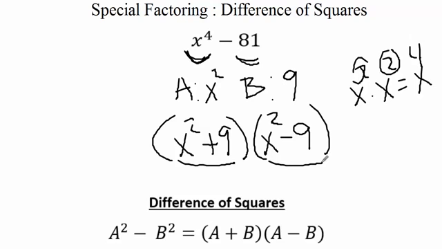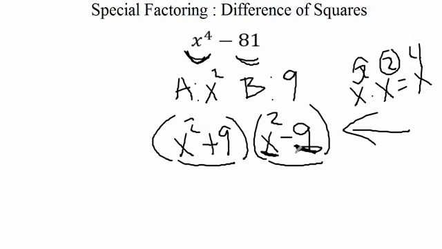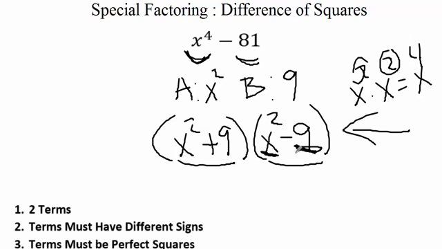Now, I can tell you right now that these 2 factors that we have here, this is not our final answer. And the reason why it's not our final answer is because of the second factor that we have here. The second factor happens to have 2 terms inside of it, an x squared and a 9. They are different signs because x squared is positive, the 9 is negative.